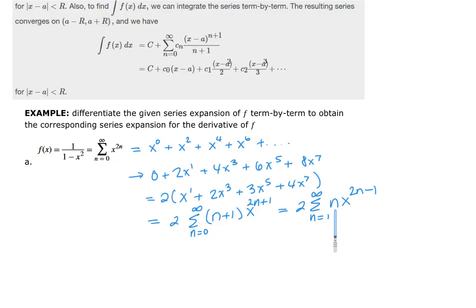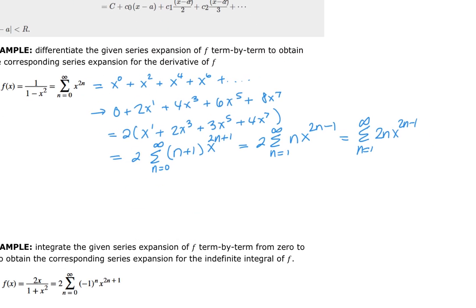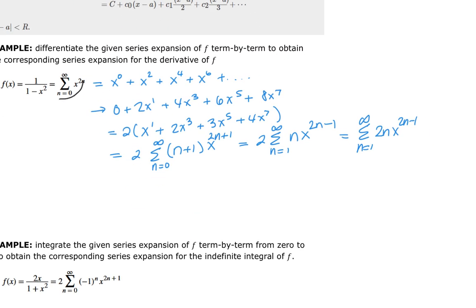If I put in 1, I get 1 times 2, so my first term would be 2, and I'd have 2 times 1 minus 1, which is 1, so that works. I put in 2, I get 4. Yeah, okay, so that works. But this is the same thing as the summation of n equals 1 to infinity of 2n x to the 2n minus 1, which is exactly what I've got if I would have just differentiated that in the first place.